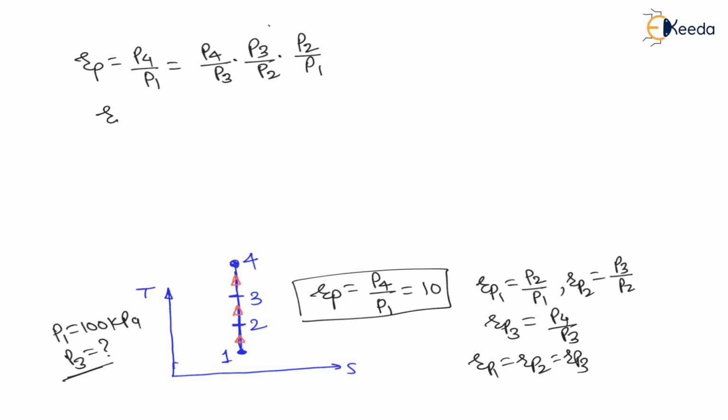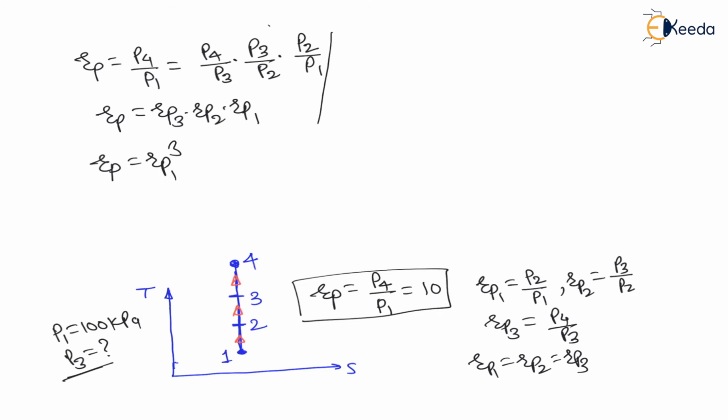Therefore the total pressure ratio is equal to P4 divided by P3 which is RP3, P3 divided by P2 which is RP2, P2 divided by P1 which is RP1, equal to RP3 into RP2 into RP1. And the pressure ratio in each stage is the same, my dear students. Means they are saying RP1 is equal to RP2 is equal to RP3. Therefore we can say RP is equal to RP1 cubed.